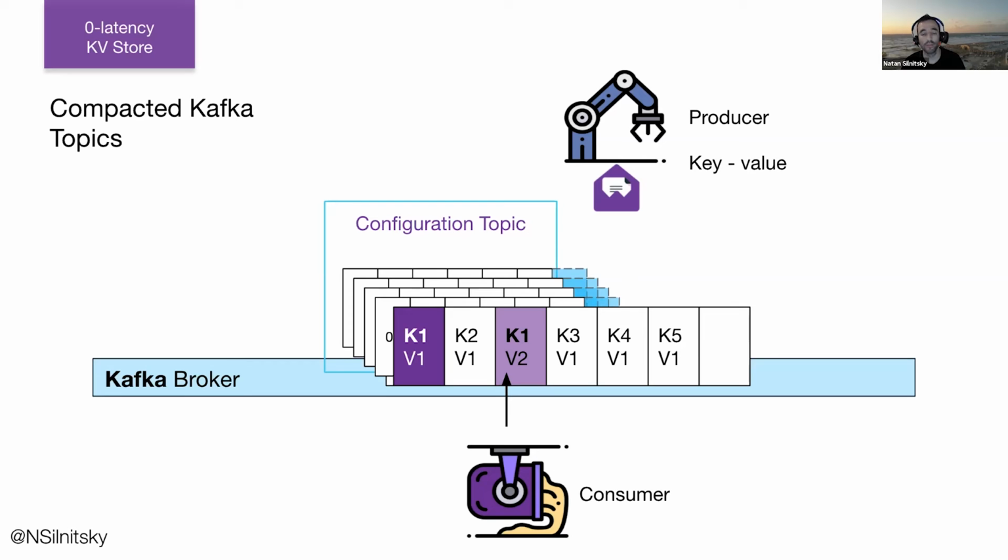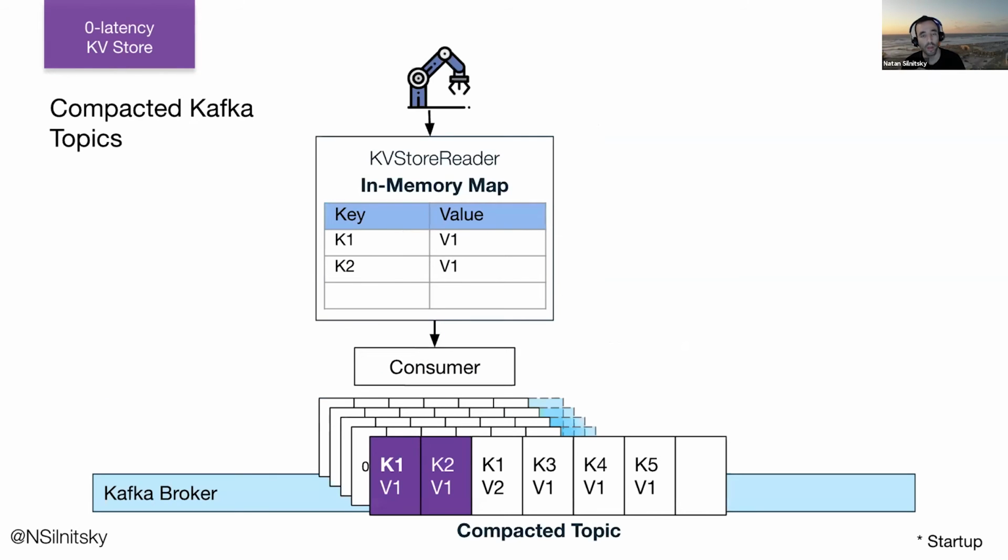And then if you have these Kafka topics used as storage, you can actually load them into memory really simply. And then you'll have a zero latency key value store in memory. So we at Wix have implemented our own key value store reader implementation that simply has an in-memory map and a Kafka consumer.